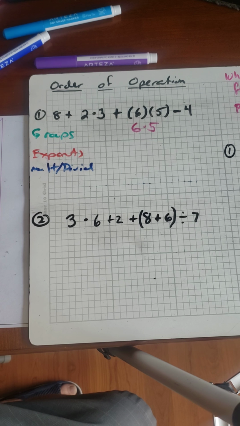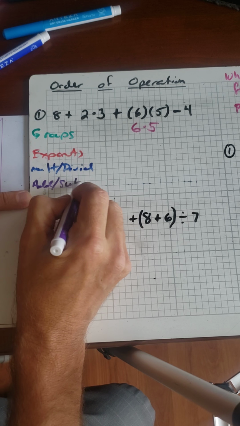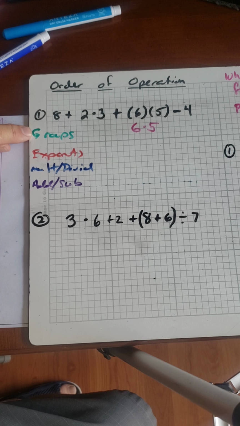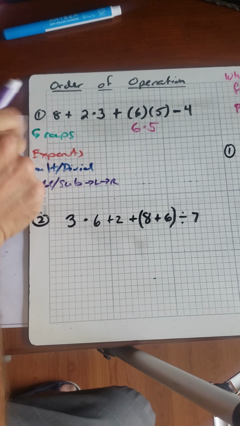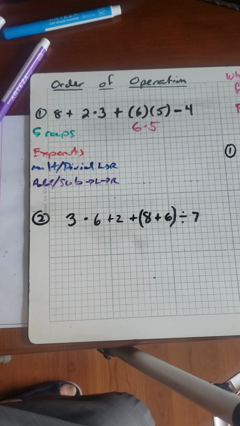And then the last one is add and subtract. So those are my 4 levels. We got groups instead of parentheses. Exponents, always. Divide and multiply, always. Subtract and add, always. And for these two, remember, it's left to right. And for this one also, it's left to right. So we'll look at those in just a second here. So groups, exponents, divide, multiply, subtract, add are the ones that I use.